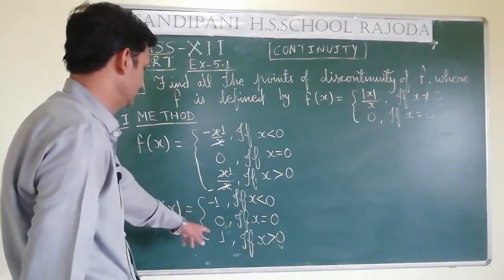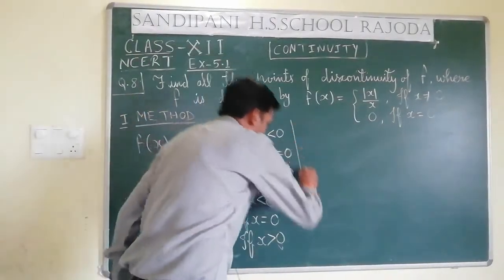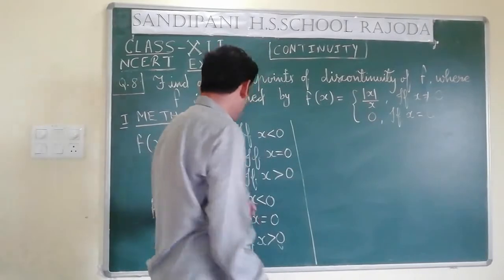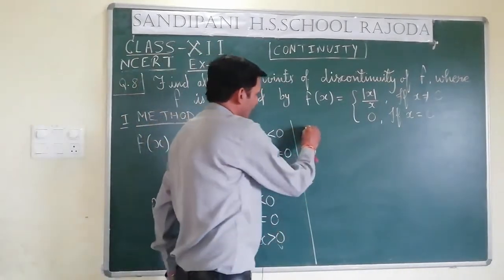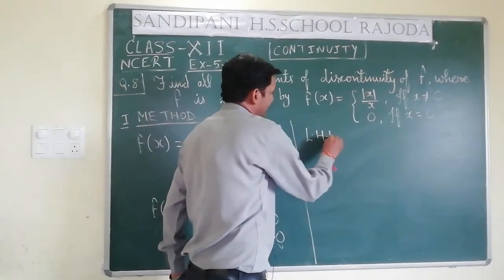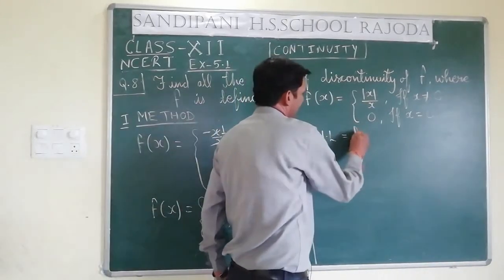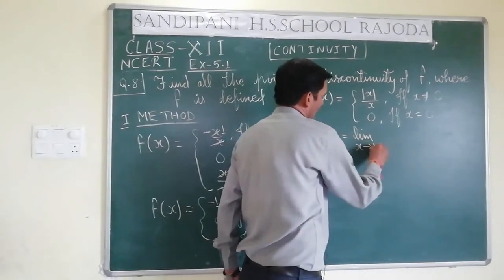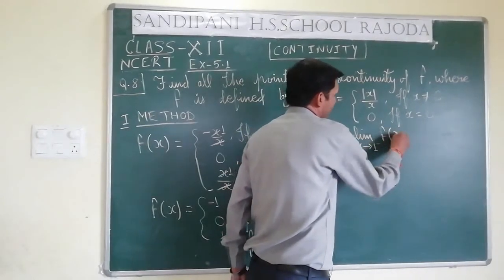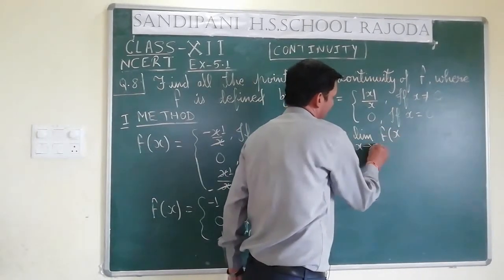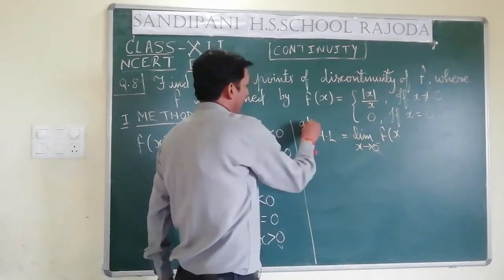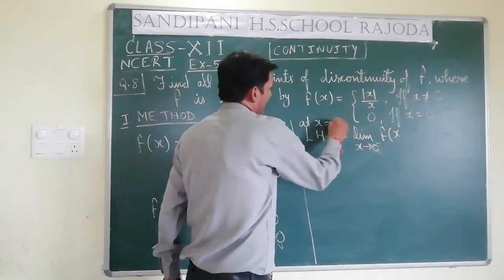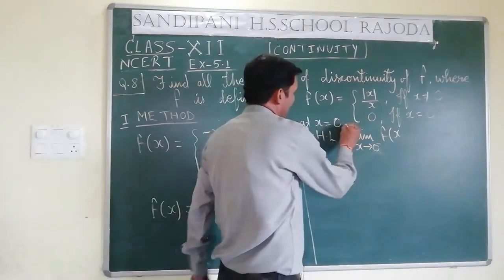These three conditions. Let me explain one thing: if you want to solve LHL, then it will be limit x tends to 0 minus f of x. At 0 we are applying our continuity test, at x is equal to 0.